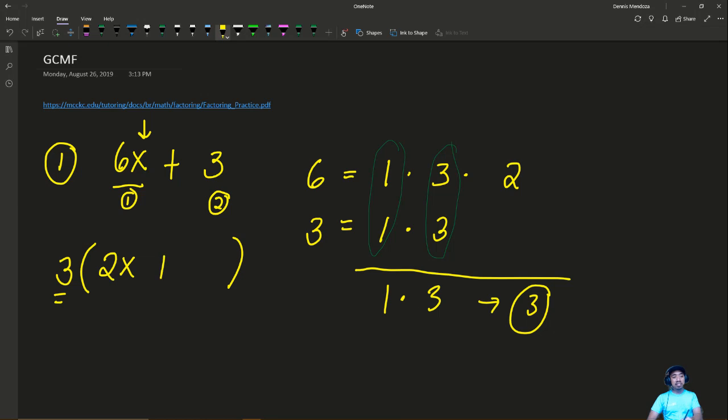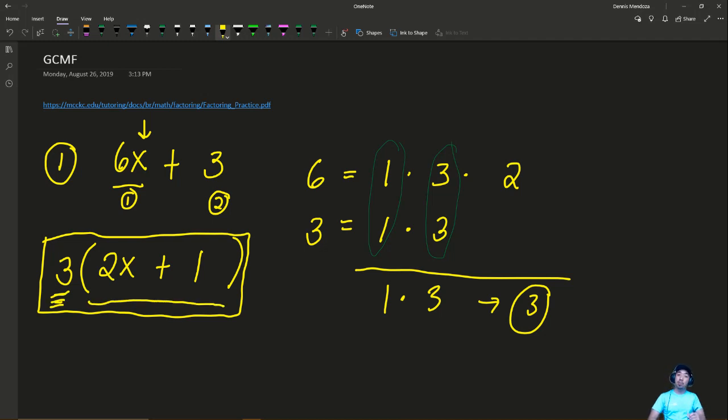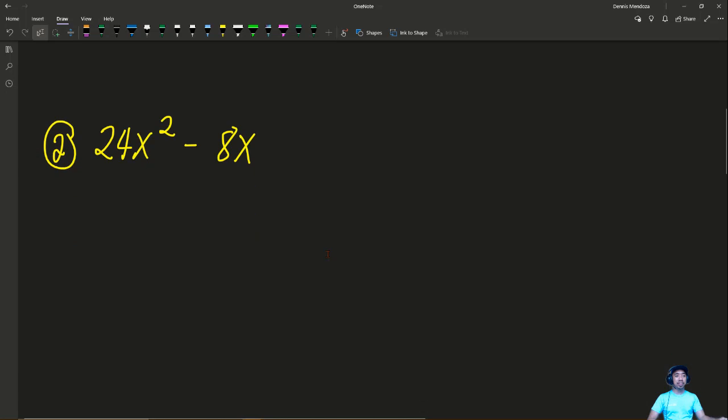And then plus 3 divided by 3, okay, is 1. So anything you divide by itself is just 1. So this is the factor of 6x plus 3 using the greatest common monomial factor. 3 is the greatest common monomial factor, and the other factor is the quantity 2x plus 1. Very easy. Level 1. Okay, let's have the next example.